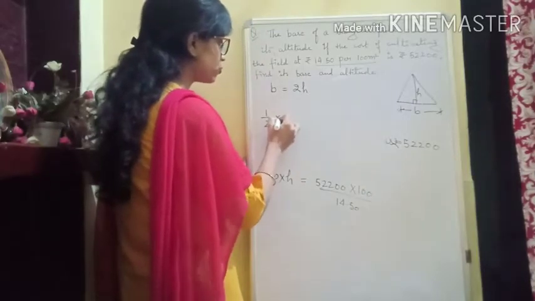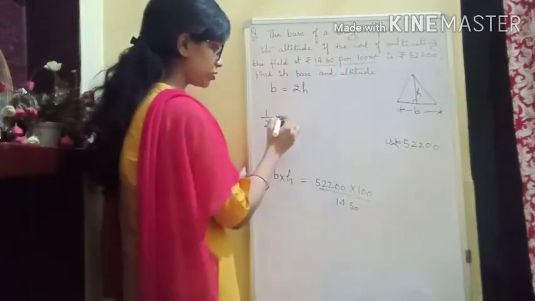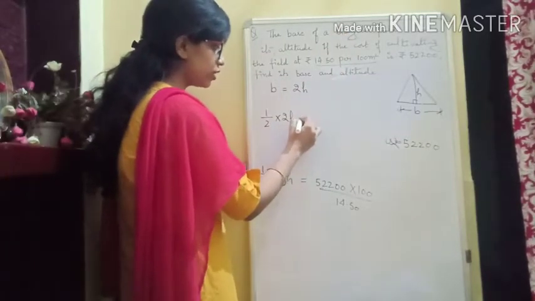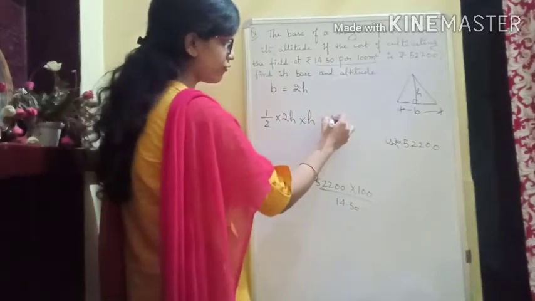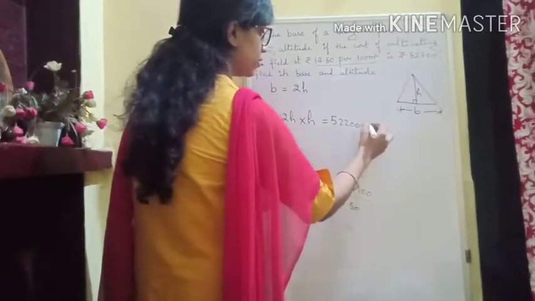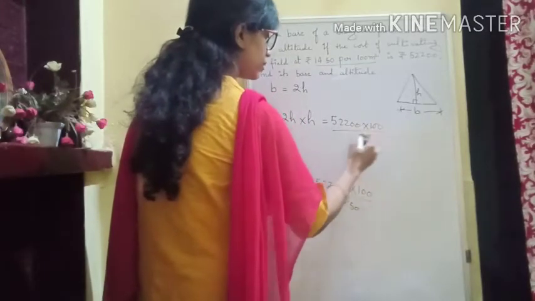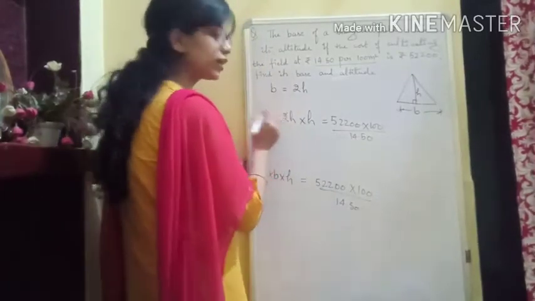Okay, now you see what's your base? Half into your base b, which is equal to 2h according to the question. So we can write it as half into 2h into height. We will take it as h only, and then we have 52200 into 100 divided by 14.50. This 2 and 2 will get cancelled.